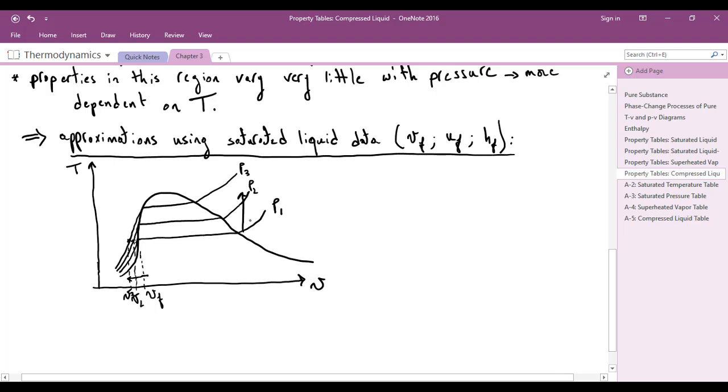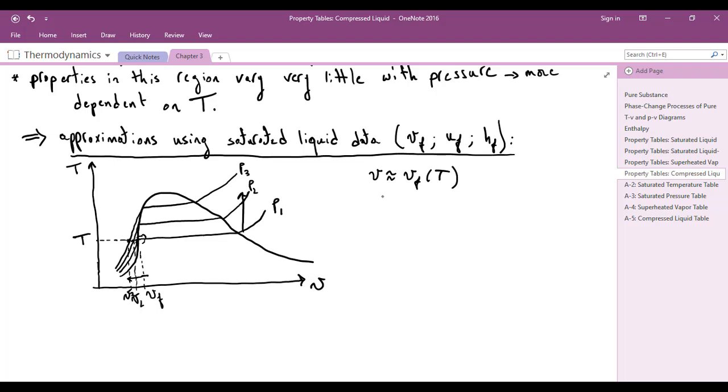So we can make this approximation. We can say that the specific volume V can be approximated as this value Vf at a given temperature T. The variation of pressure has very reduced effect.